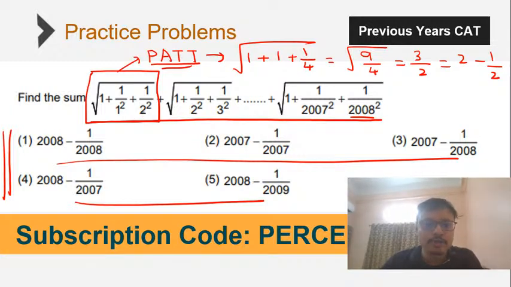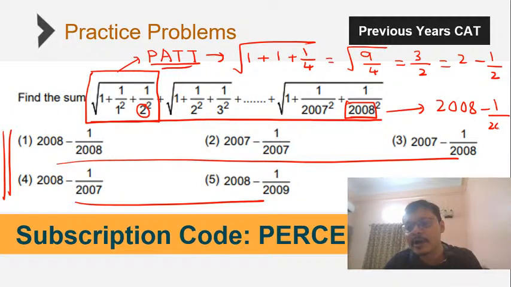So all you need to do is this term minus 1 by this term. In the actual question, they're asking up to 2008. So simply 2008 minus 1 by 2008, which is option A. By simply looking at the pattern, you could have marked the answer as option A, which is 2008 minus 1 by 2008.